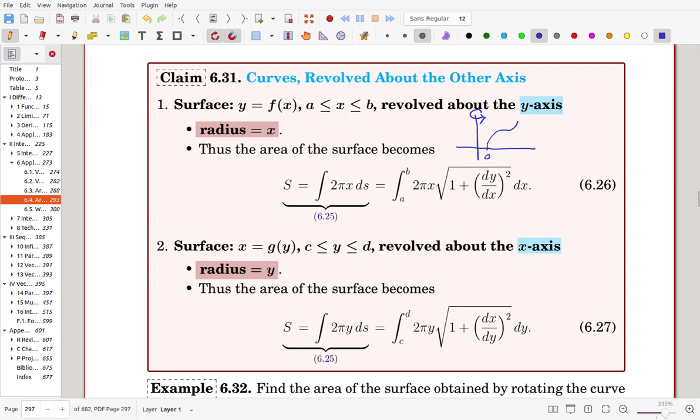Even though it is defined from A to B on the x-axis, because of this rotation, the surface is made with this rotation, but here the radius must be that one, which is x. x is moving from here to there. So the radius must be x, right? Okay, the radius is x. So we can write the surface as 2 pi x ds.